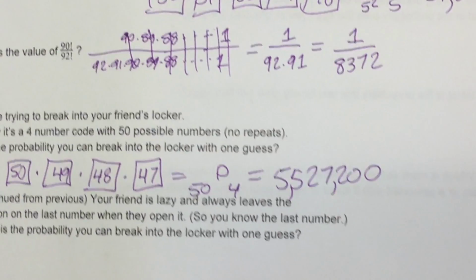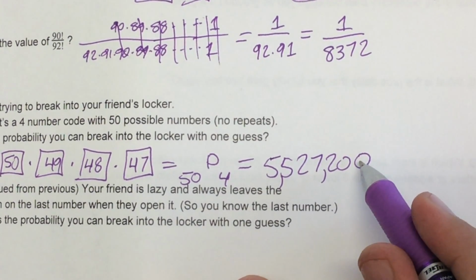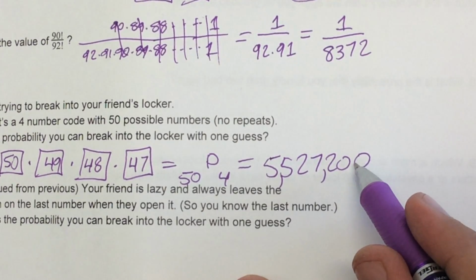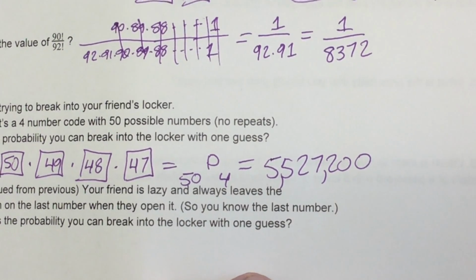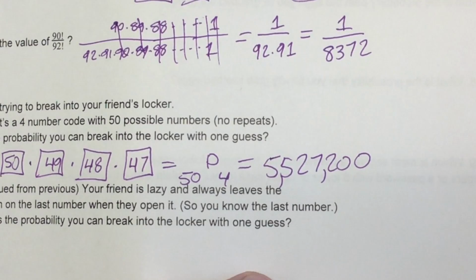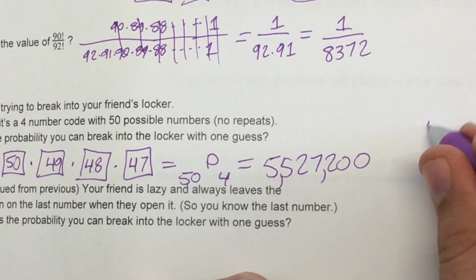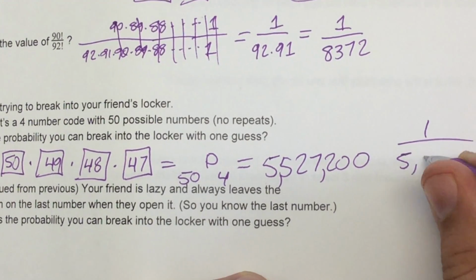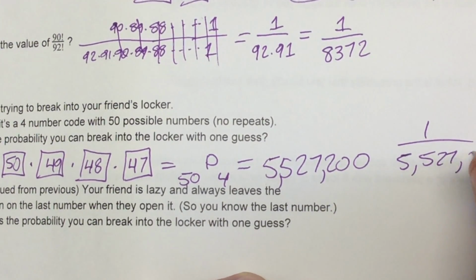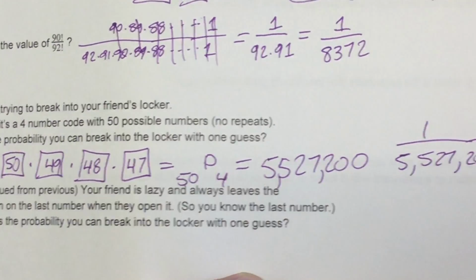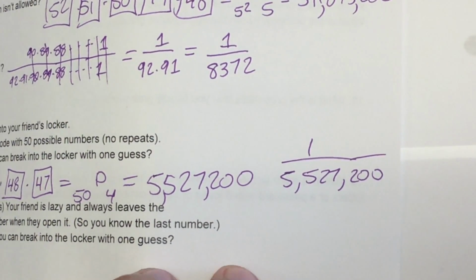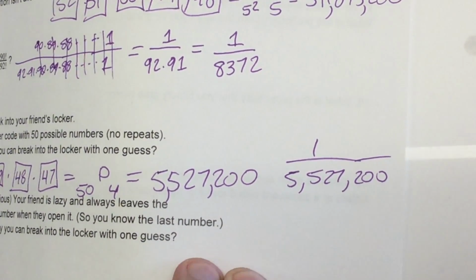So that's all the different options. But you try one time to break in. So you pick a number, pick another number, pick another number, pick another number. So your odds of breaking in are 1 over 55 million, basically.